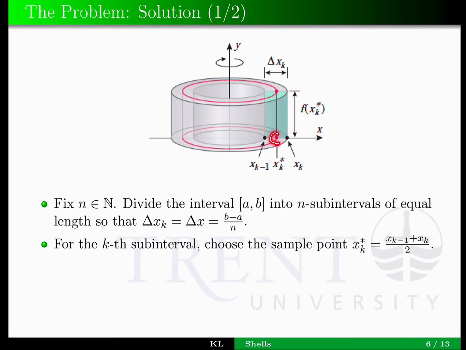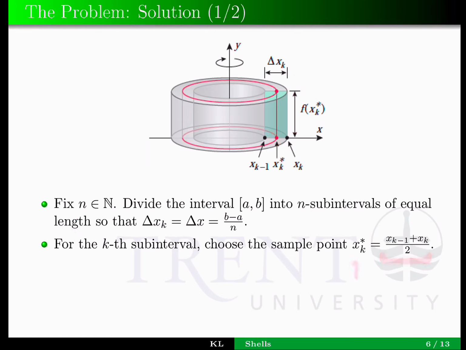So very specific sample point. In the definition of definite integral, it only says choose any sample point. Any sample point will work. But for our cylindrical shells method, we choose a specific sample point.